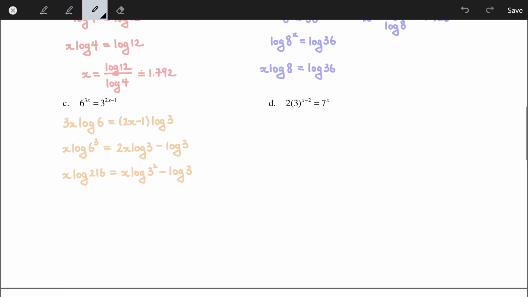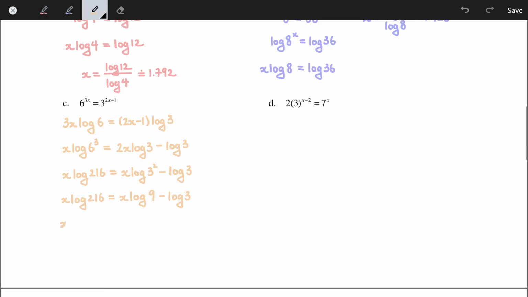Okay. So from here, we can then evaluate the power. 3 squared is 9. So we have on the right-hand side x log 9 minus log 3. Here then we can move the x log 9 to the left-hand side of the equation.